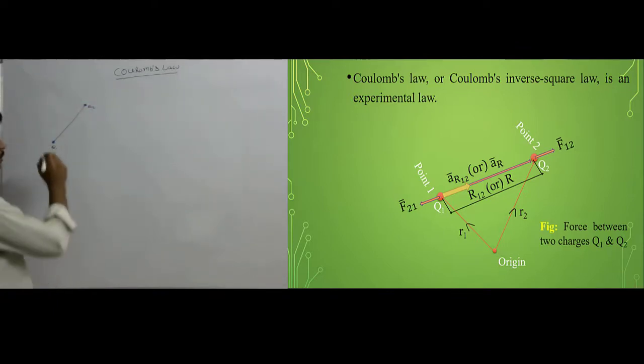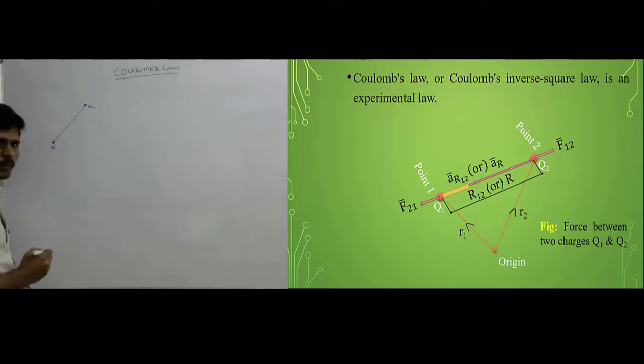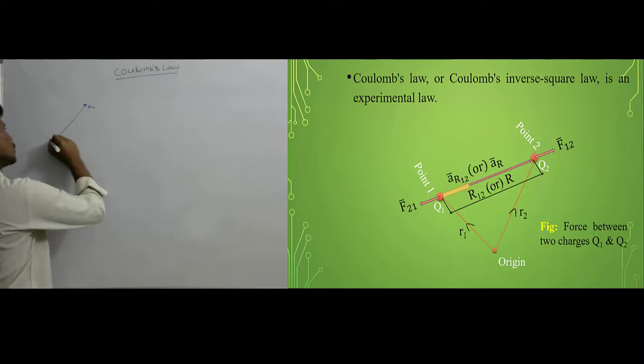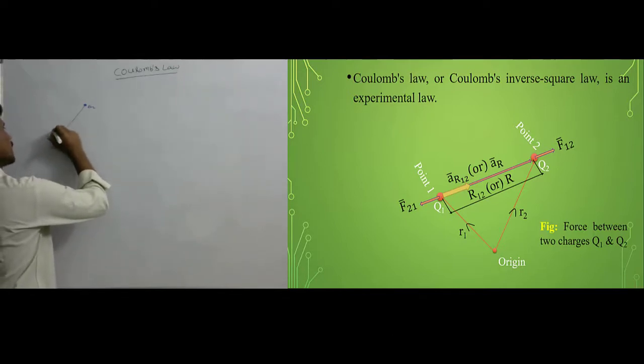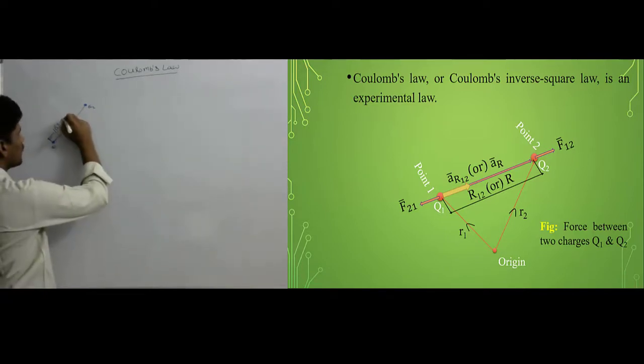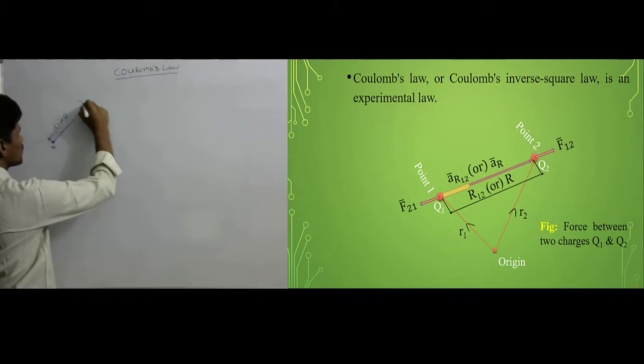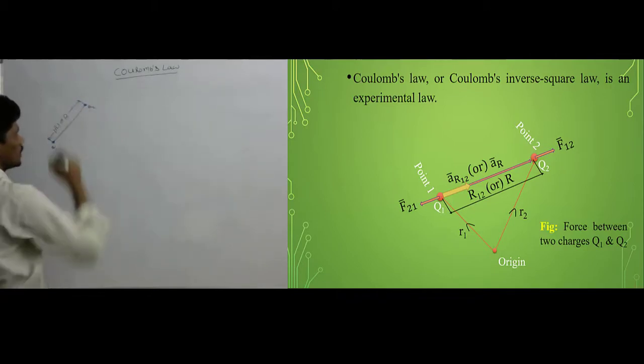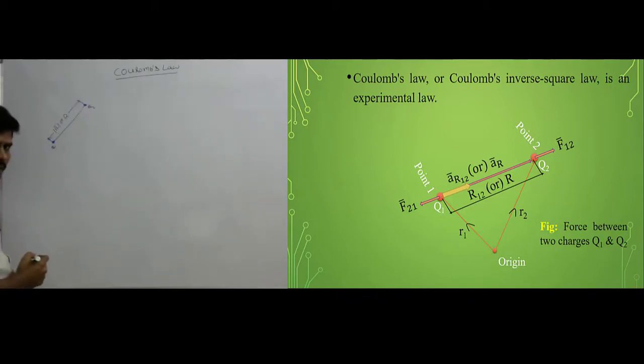Draw the vector line from point charge Q1 to point charge Q2. The distance between these two points is the magnitude of R bar, which is simply represented by capital R.